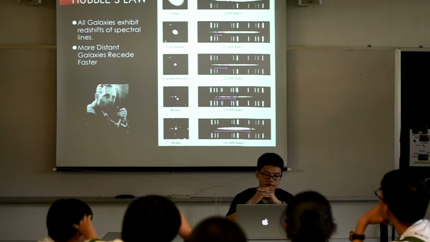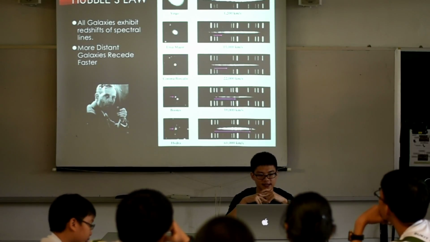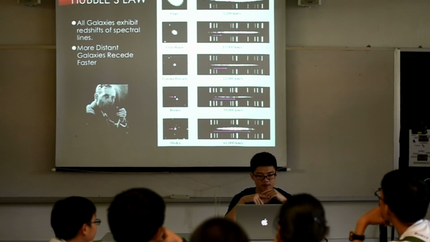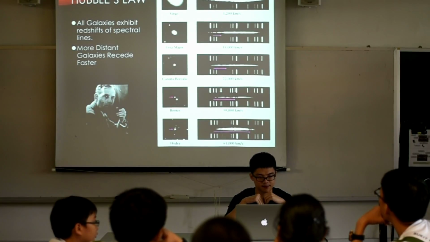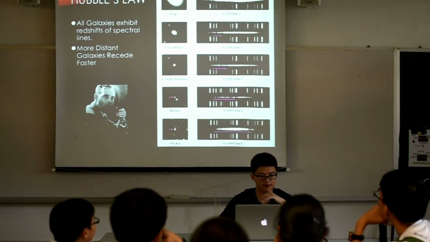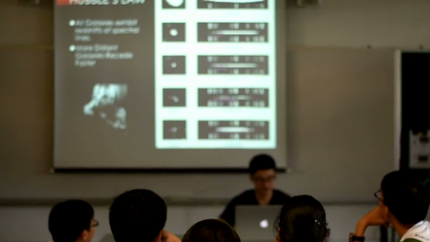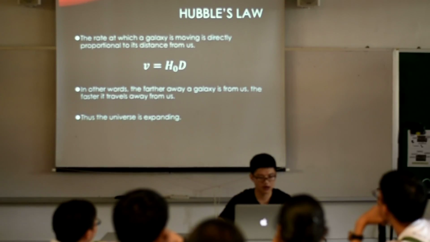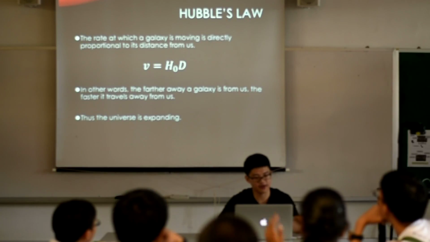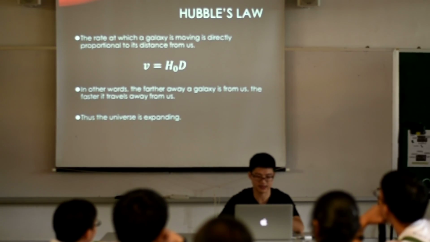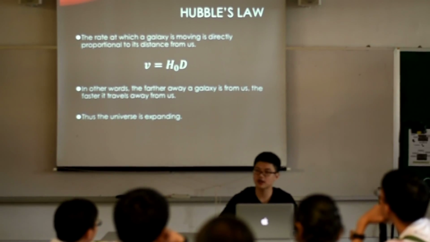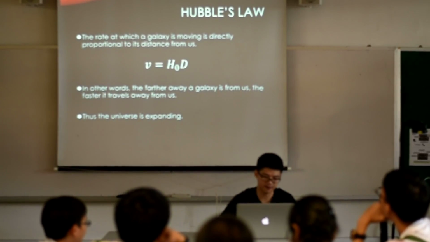This shows the electromagnetic radiation of these galaxies becomes longer in wavelength as they get further away from us. Hubble found that the rate at which a galaxy is moving is directly proportional to its distance from us, which gives us a very nice law.